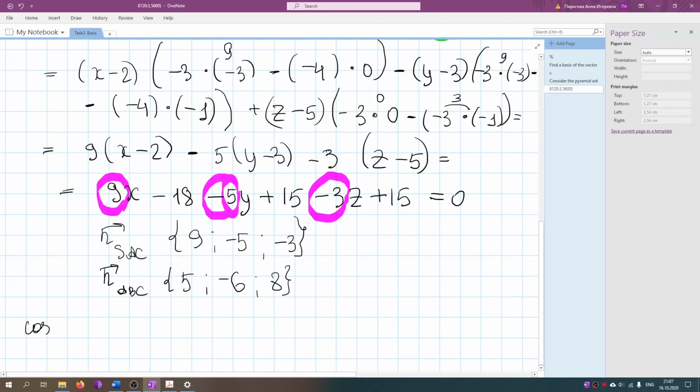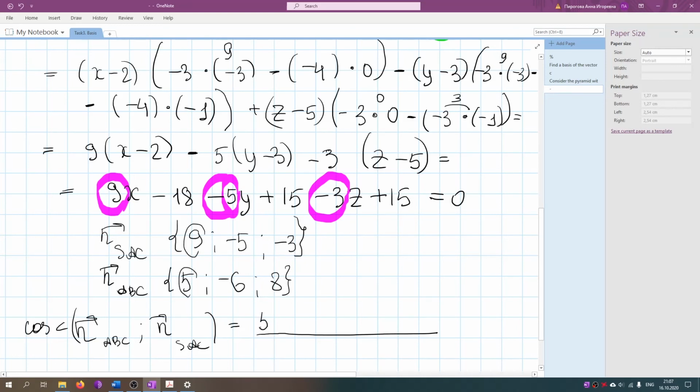So, and now we just compute the cosine between these two vectors. So cosine between these two vectors will be equal to, firstly we multiply their coordinates and sum them up.